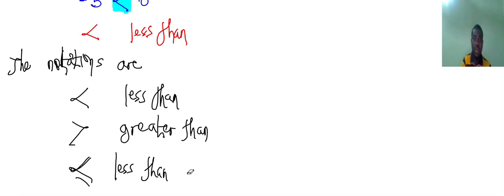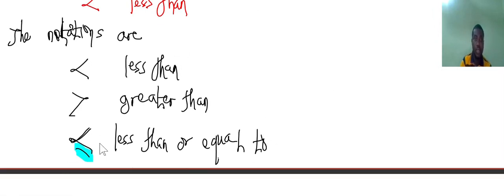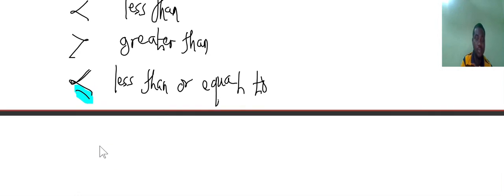So below the less than, when you have a little straight line below the less than, it is called less than or equal to. So another notation is greater than or equal to. If you have a little straight line below the greater than, something like this, so we call that greater than or equal to.